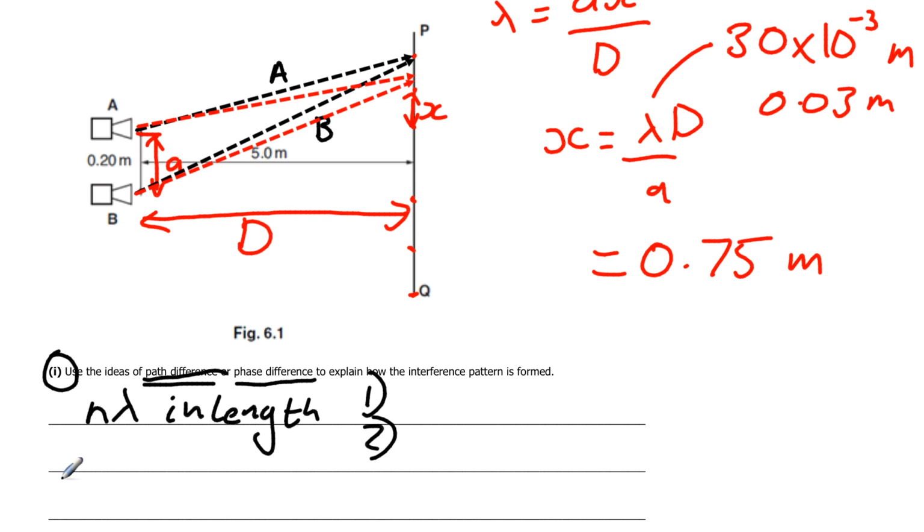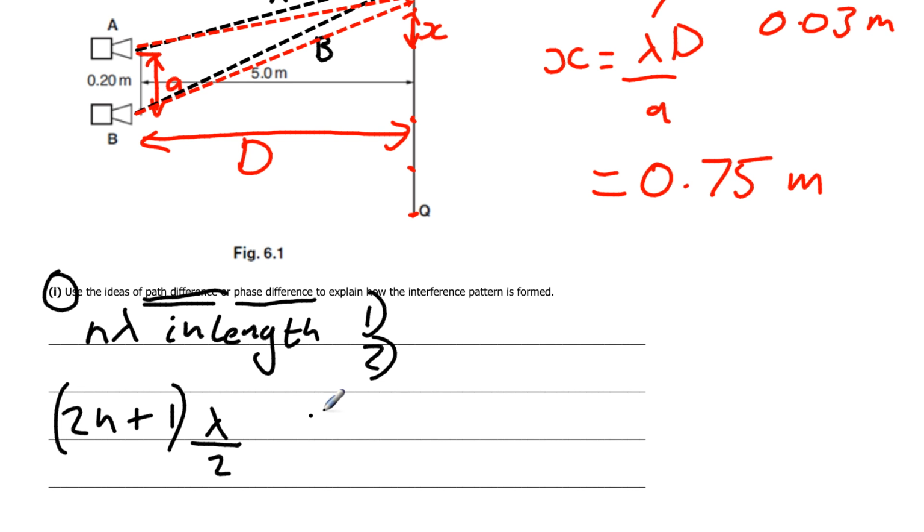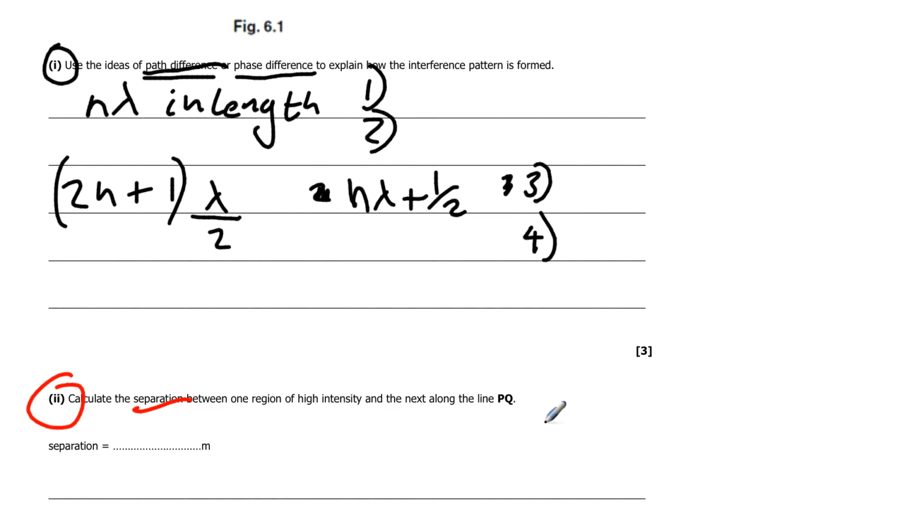It's gone (2n plus 1) times lambda over 2 longer. Another way of saying that is n lambda plus a half. That would have got us another mark, and we needed to say that that would have caused destructive interference there. As long as we got 3 of those points, then we would have got those 3 marks.